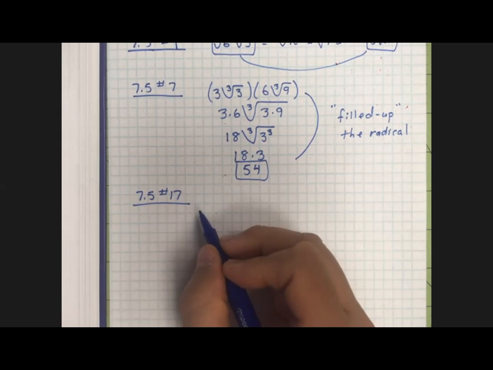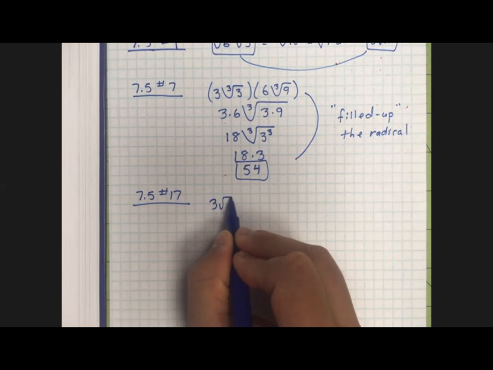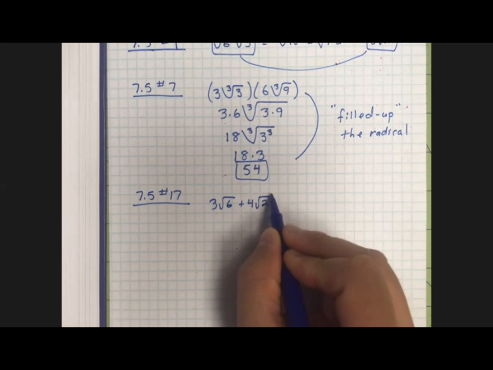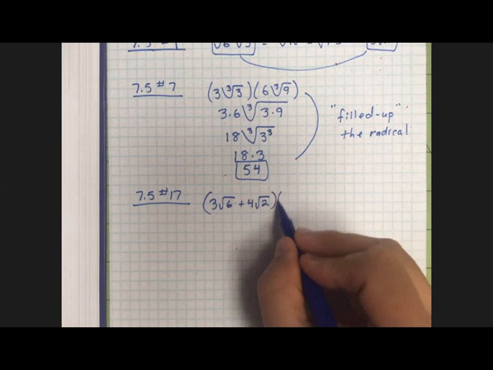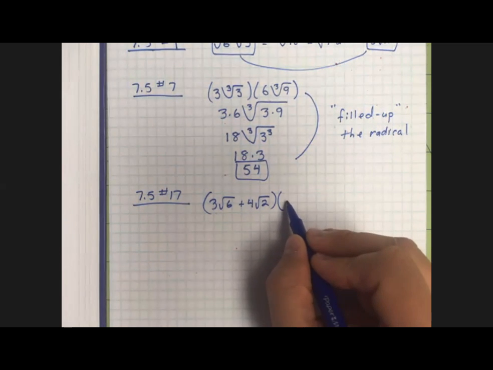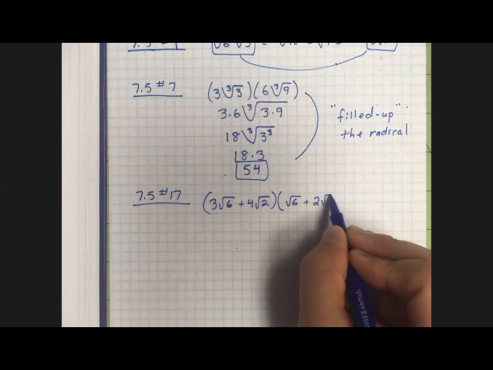What happens if I have a couple of people multiplied by a couple of people? Let's say I have 3 root 6 plus 4 root 2. So this is a problem of foiling or distributing. Root 6 and 2 root 2.